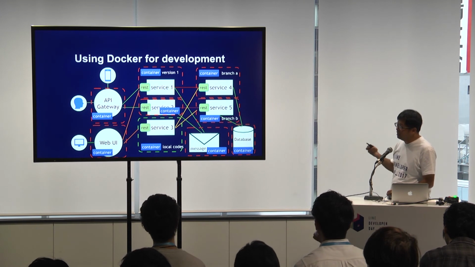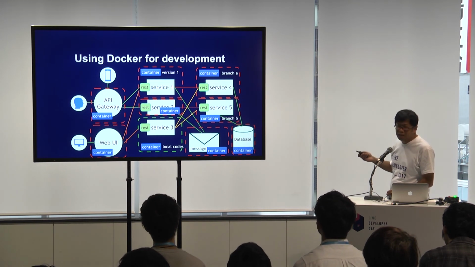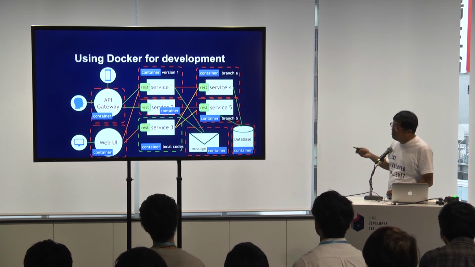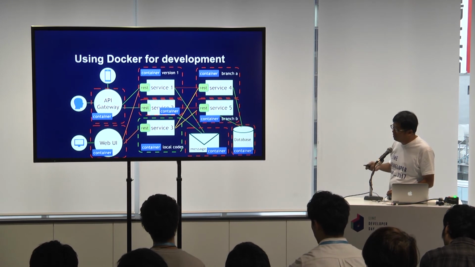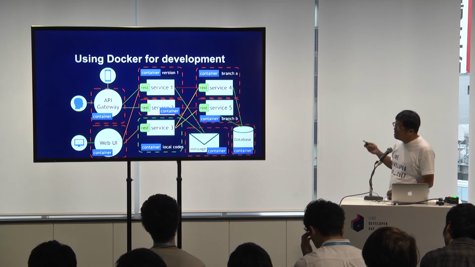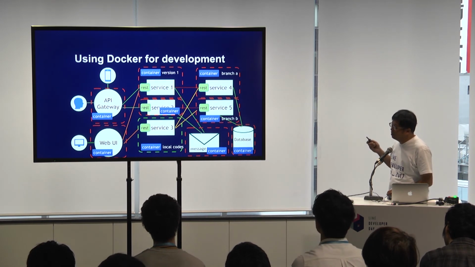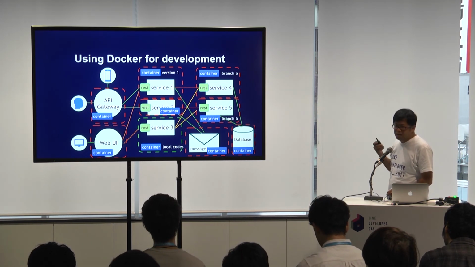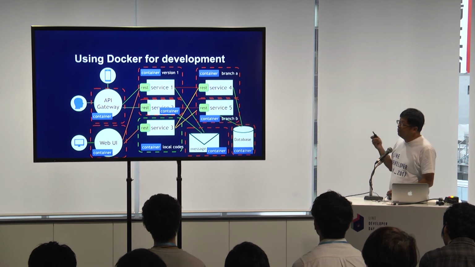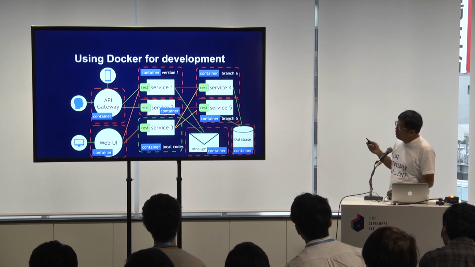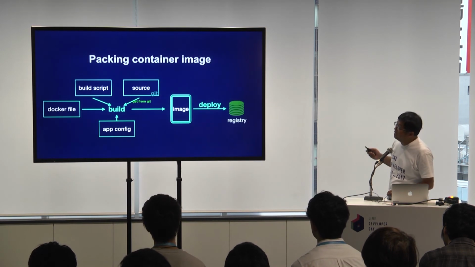So this container is different from the others. The container links the code from the local computer, and the other containers run on my computer with the version I want. For example, I depend on service 4 and service 5, so I want the latest code of service 4 and service 5. I can choose different branches for that.